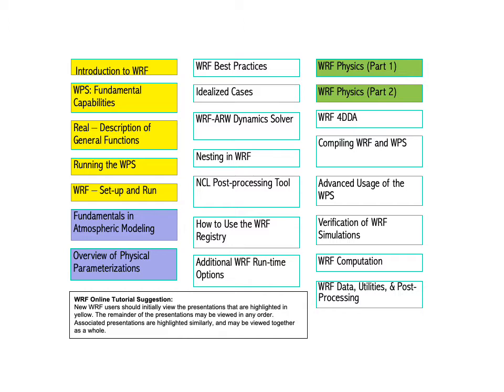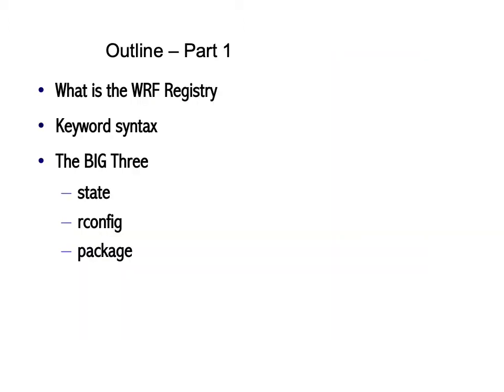This is a software engineering presentation, how to use the WRF registry. It has a companion presentation, also software engineering oriented, the WRF computation. The registry talk is going to consist of two parts. This first part discusses the actual fundamentals of the registry file itself.